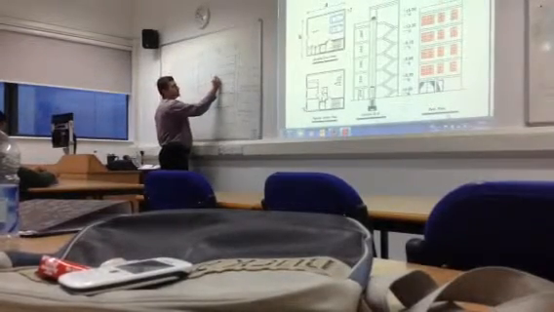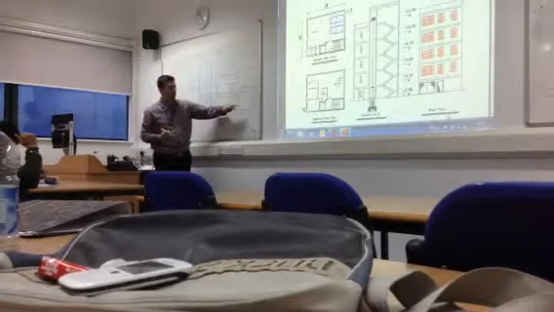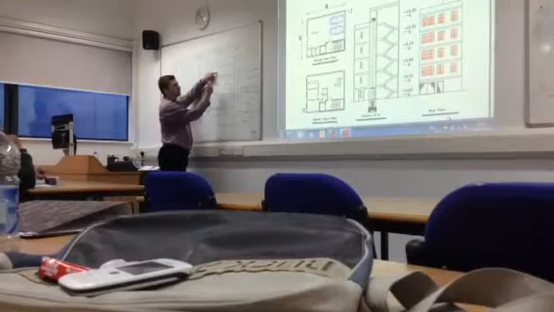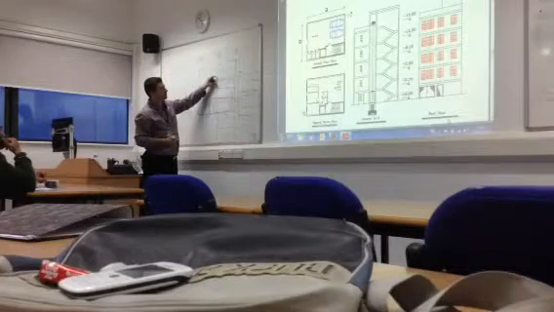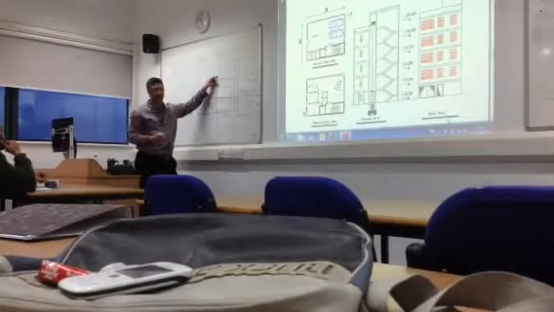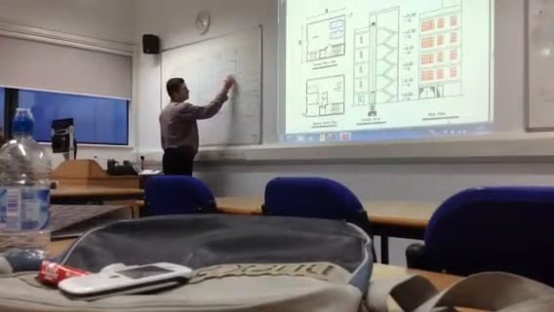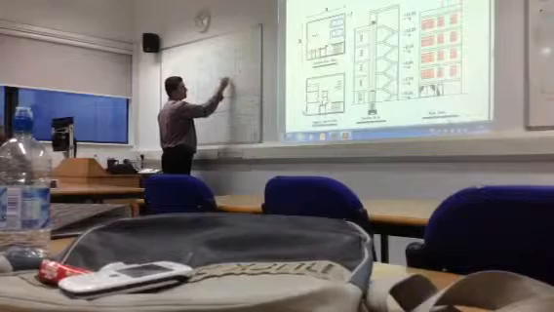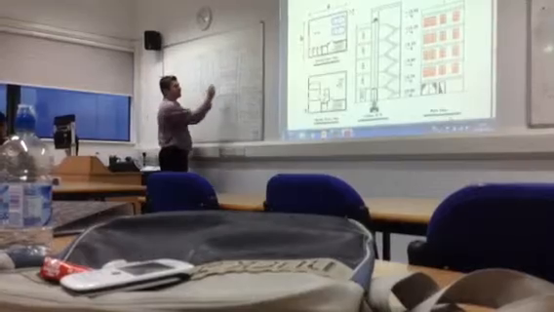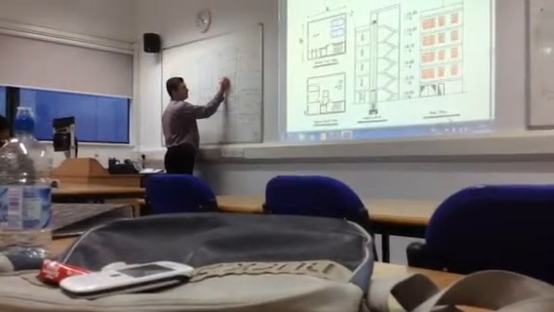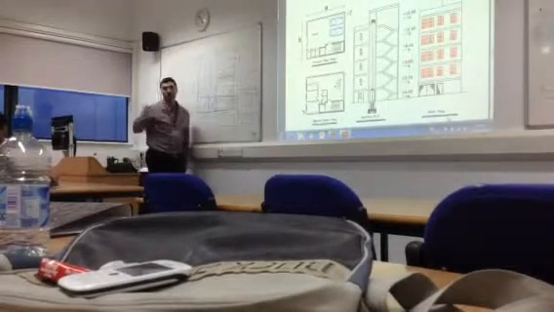So the load on these secondary beams is 10 times 1.67, which is 17 kilonewton per meter.